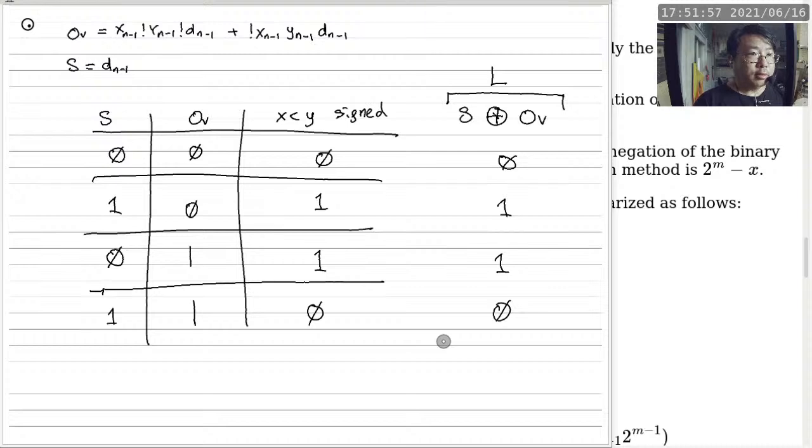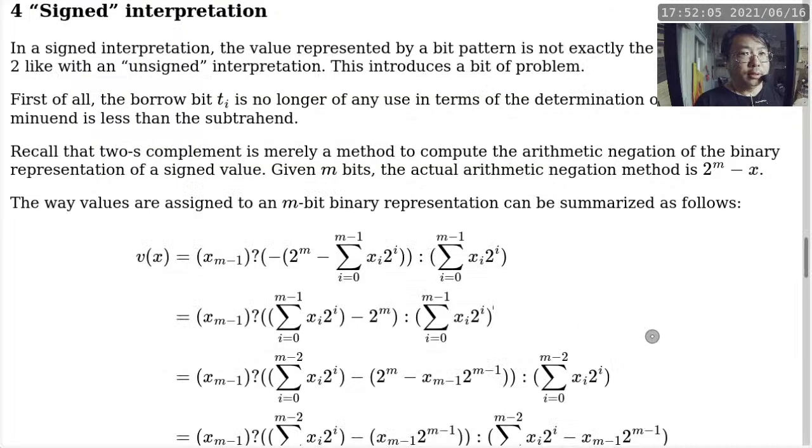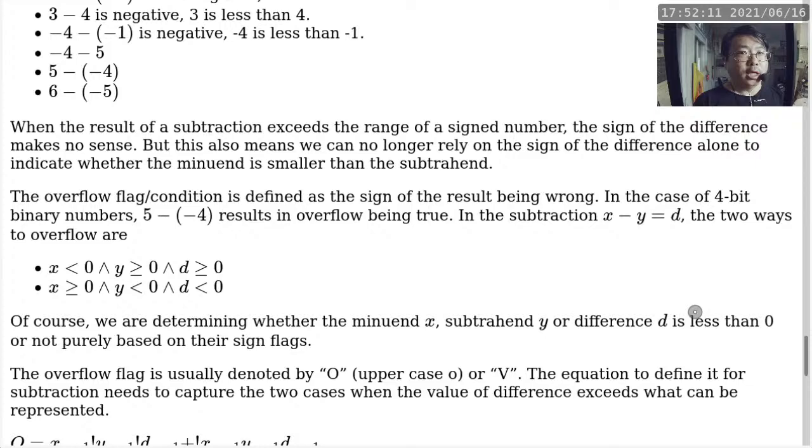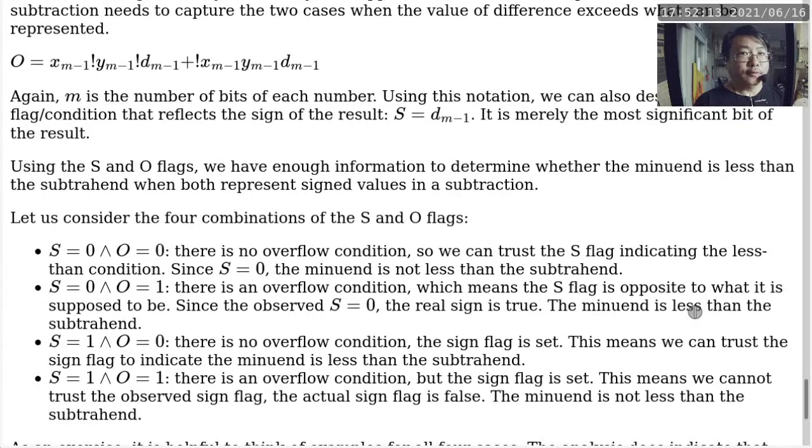All right, I'm not seeing any further questions, so I will go back to the notes. The notes have a whole bunch more stuff here, but it comes to the same conclusion, that we need an L flag. Here we go, O being overflow, same definition.